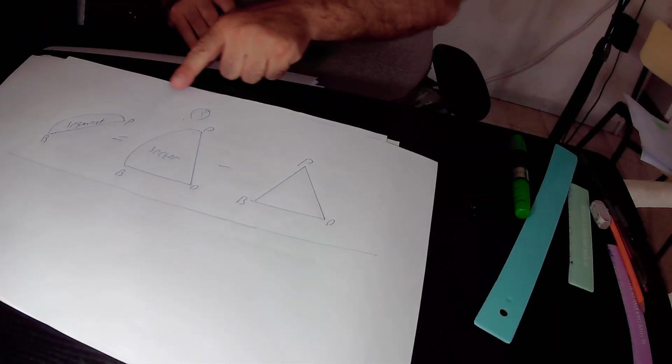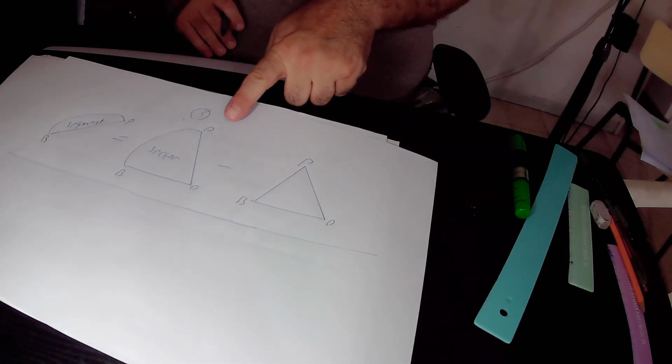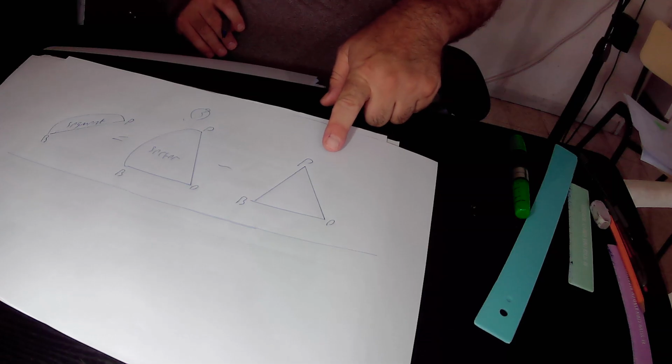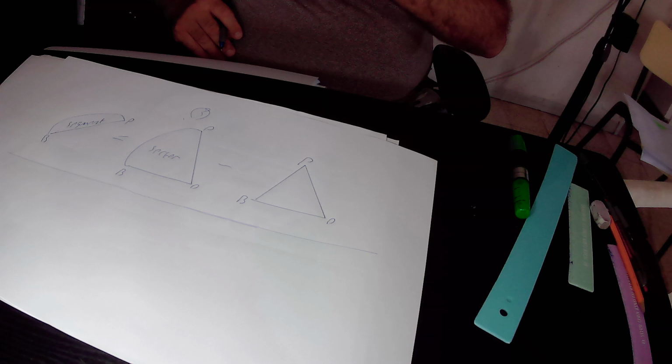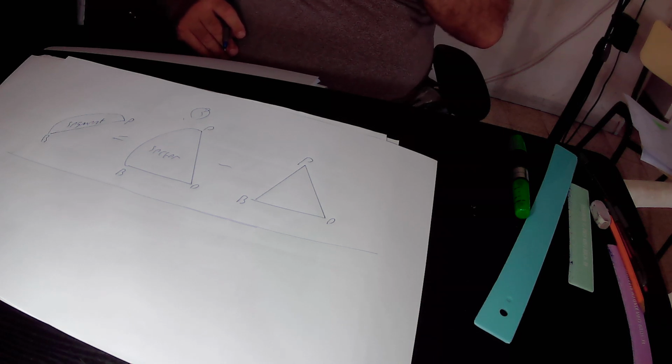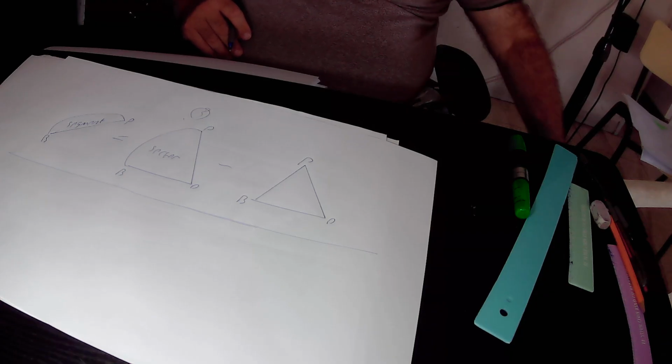The area of segment BP equals the area of sector BOP minus the area of triangle BOP. So, what is a sector? A sector is a portion of a circle enclosed by two radii and the arc between them.